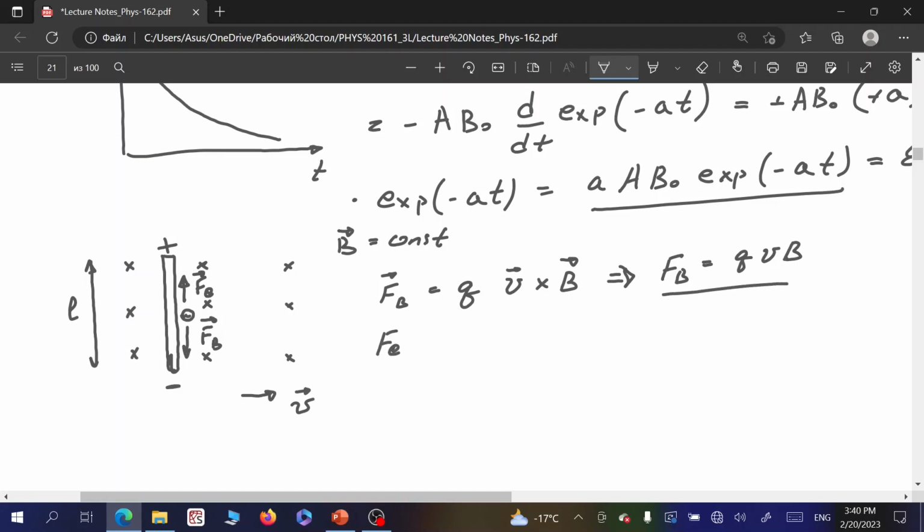What is the expression for electric force? Q times E vector.